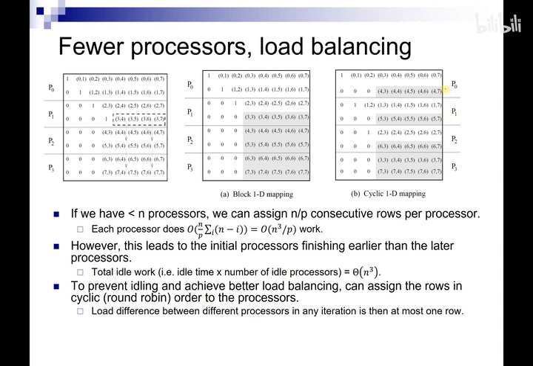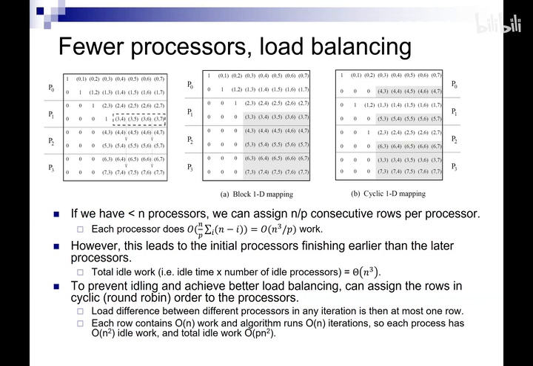For example, this P0 here can only finish after it has processed row 4 over here. And that can only happen one iteration ahead of when P1 finishes. And P1 can finish one iteration ahead of P2, and so on. So the maximum difference in work between 2 consecutive processes is 1 iteration.